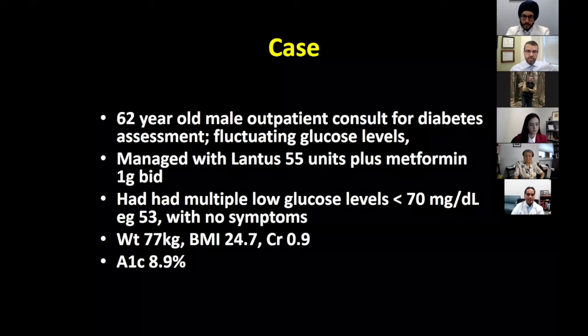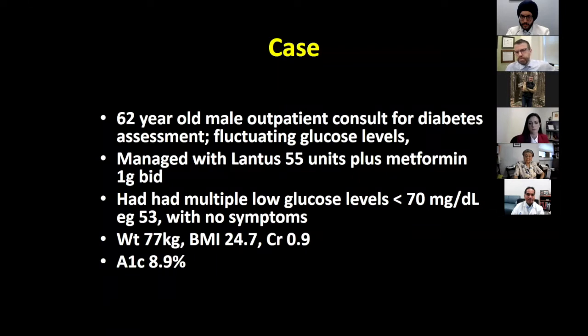He was an outpatient consult that we saw for diabetes assessment, with quite fluctuant glucose levels. He was on a fairly straightforward regime of Lantus 55 units and metformin 1 gram BID. He was complaining of multiple low glucose levels. He'd had one less than 70, one of 53, but he was not getting symptoms at those times, so essentially unaware of those symptoms. His A1C was 8.9%, his BMI was 24.7.